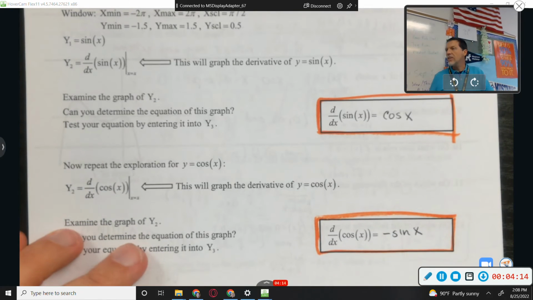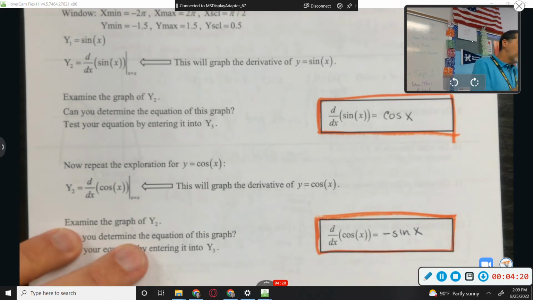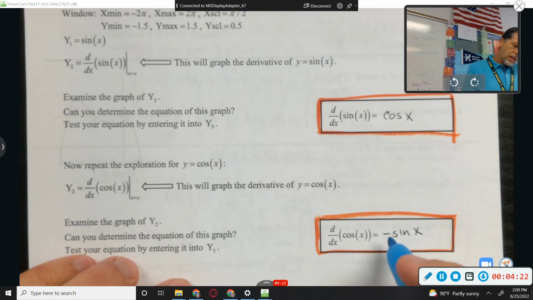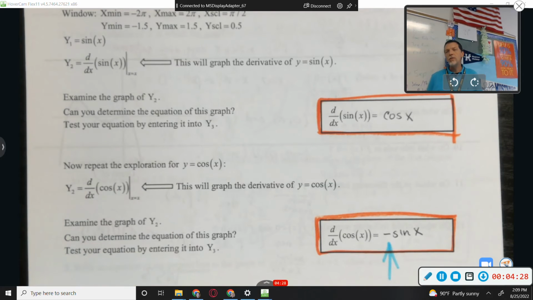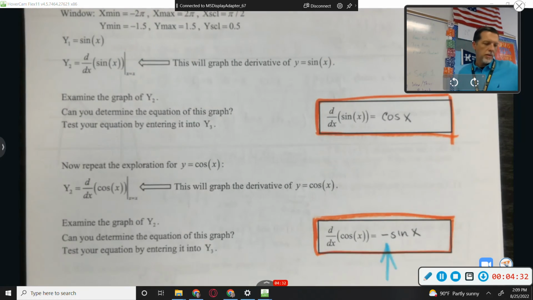They go together. Derivative of sine is cosine, derivative of cosine is negative sine. That negative is going to get people all year long because it's easy to remember they kind of go together. Make sure you put the negative on the right one.